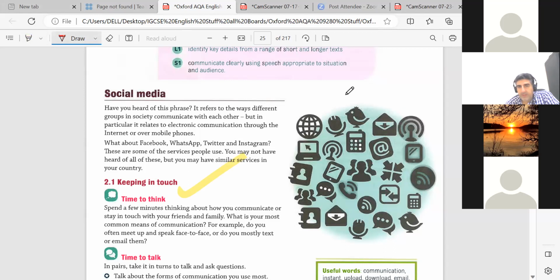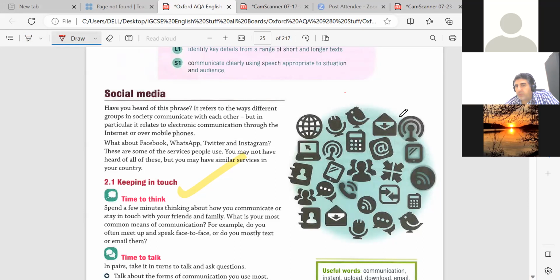SMS texting. Yes. Phone calls, Khalid. Yeah, Akram. Yes, go ahead. SMS texts or phone calls. Okay. And which platforms, which apps do you use? WhatsApp. Okay. Yes, I only use WhatsApp. Think about these questions, guys.